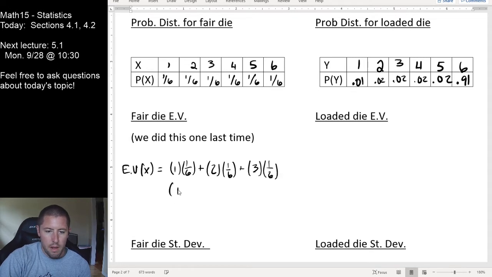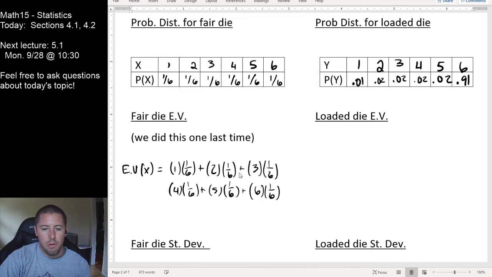And we added up all these guys here. We saw these were all fractions, the denominator of 6. If you add up 1, 2, 3, 4, 5, 6, you're going to get 6, and 6 is 12, plus 9 is 21. And that gave us 21 over 6, which was 3.5.